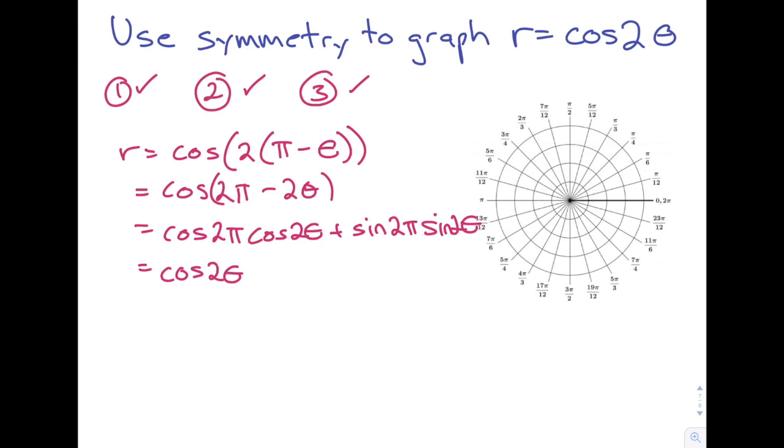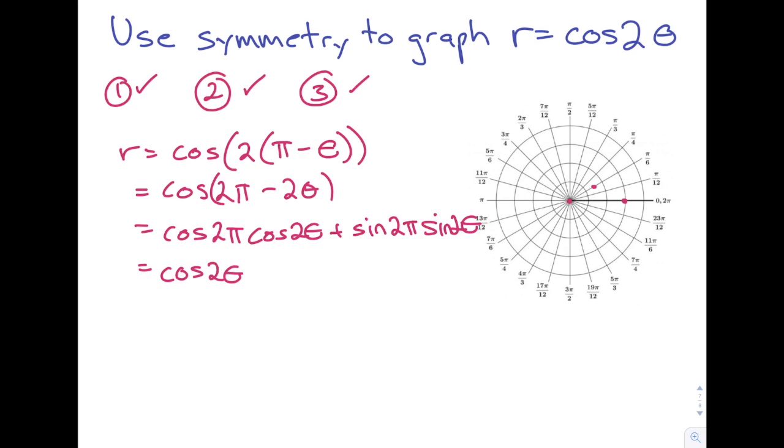So what that says is essentially we could just graph the first part, 0 to pi over 2, and then do all the necessary reflections. Again, we would start at theta equals 0, which gives us 1. As we leave 0, we drop down to 1/2 at pi over 6, right here, and then we hit 0 when we're at pi over 4.